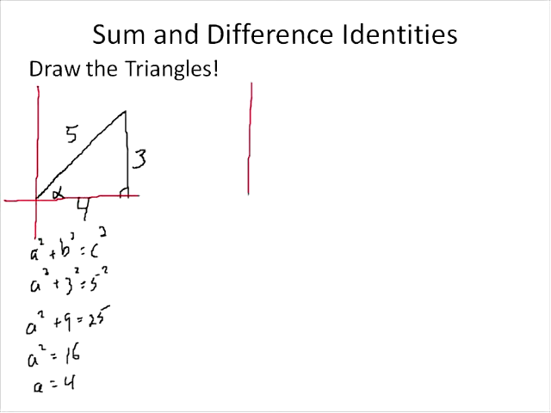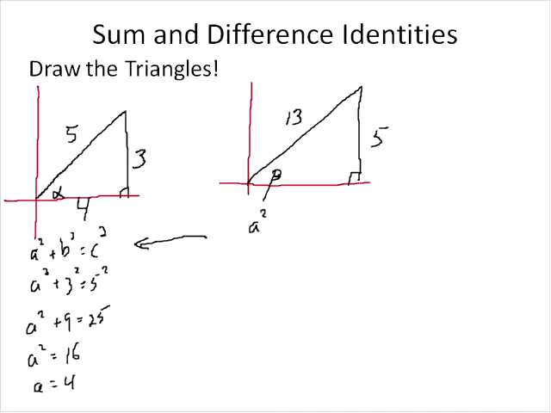I'm going to draw another little triangle, again in the first quadrant. This one I'm going to label as beta. And from the previous slide, we said the sine of angle beta was 5/13. And again, I need to find that third side, so I'm using the same Pythagorean theorem, and I'll have a squared plus 5 squared is equal to 13 squared.